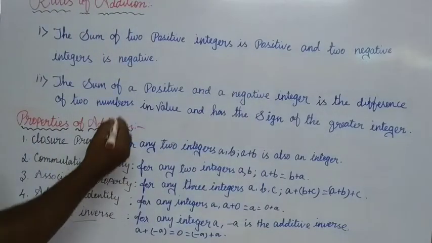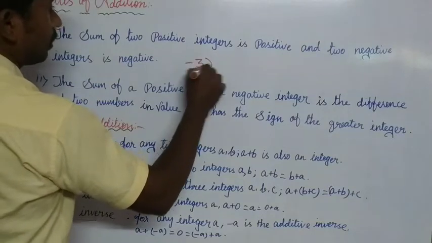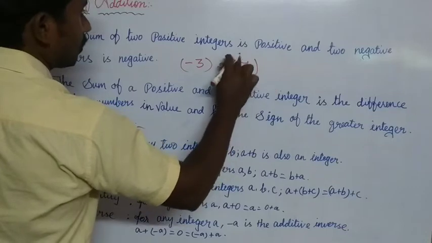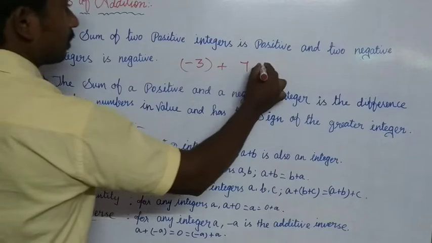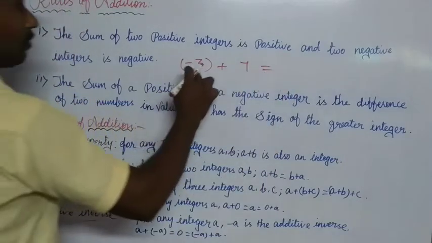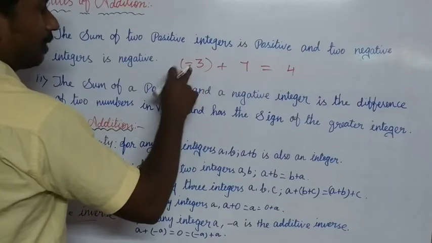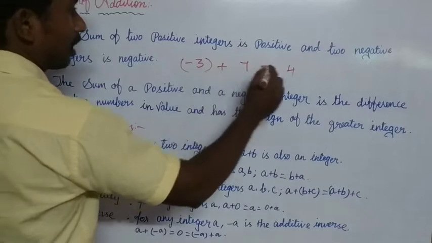இப்போ first, minus 3 plus 7. So 7 is the positive integer, 3 is the negative integer. So the difference என்ன இருக்கு, 4. ஓகேவா? அப்போ இது நெகட்டிவ், இது பாசிட்டிவ். கிரேட்டர் நம்பரோட சைன் என்ன இருக்கு, பிளஸ் இருக்கு. அப்போ பிளஸ் 4.